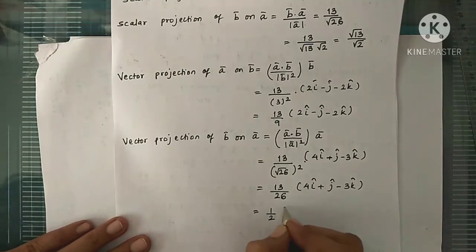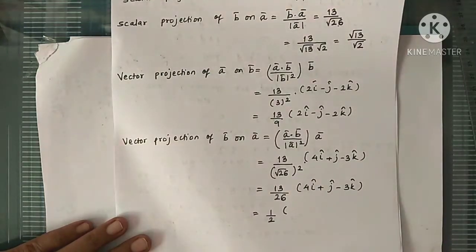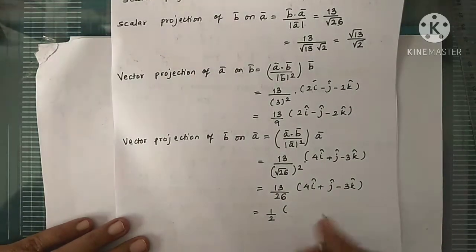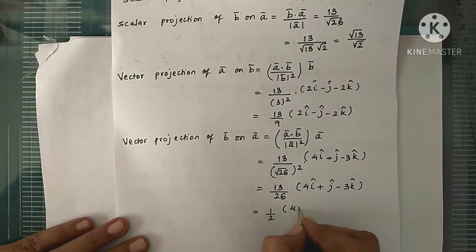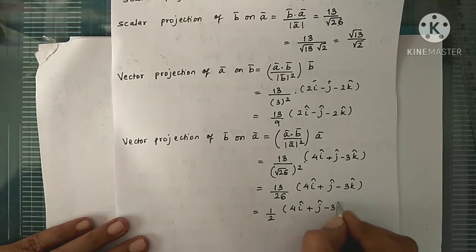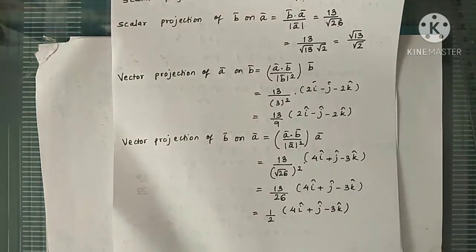Sometimes I don't say i cap or j cap or k cap, but please understand it: 4i cap plus j cap minus 3k cap. So this is vector projection of b bar on a bar.